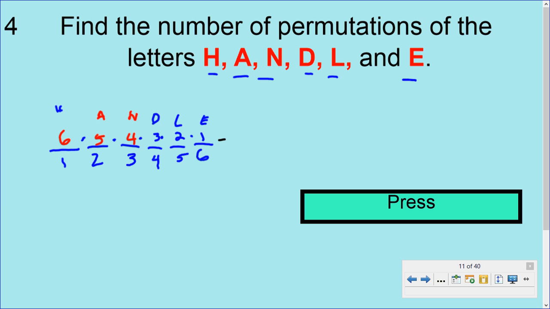So our answer is going to be 6 times 5, which is 30. 30 times 4 is 120. 120 times 3 is 360. 360 times 2 is 720. And 720 times 1 is 720. So we can have 720 different permutations for this arrangement.